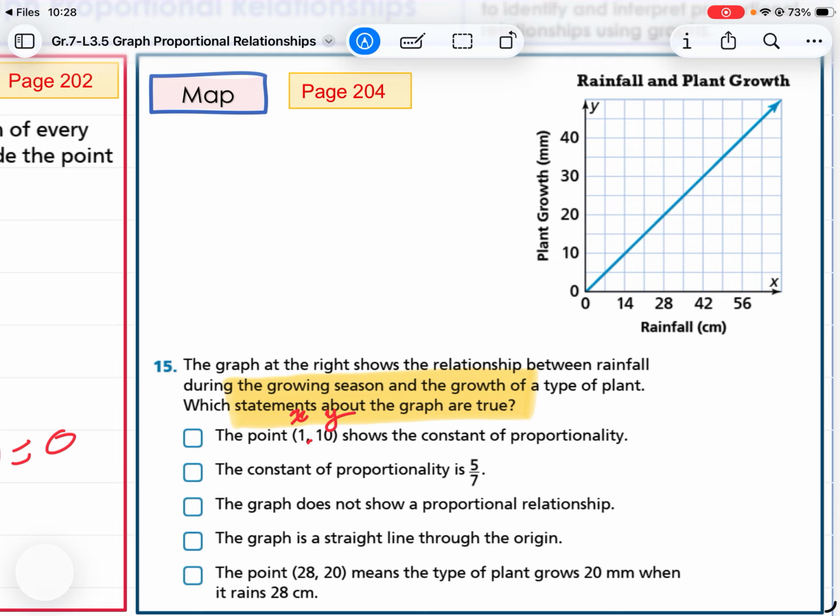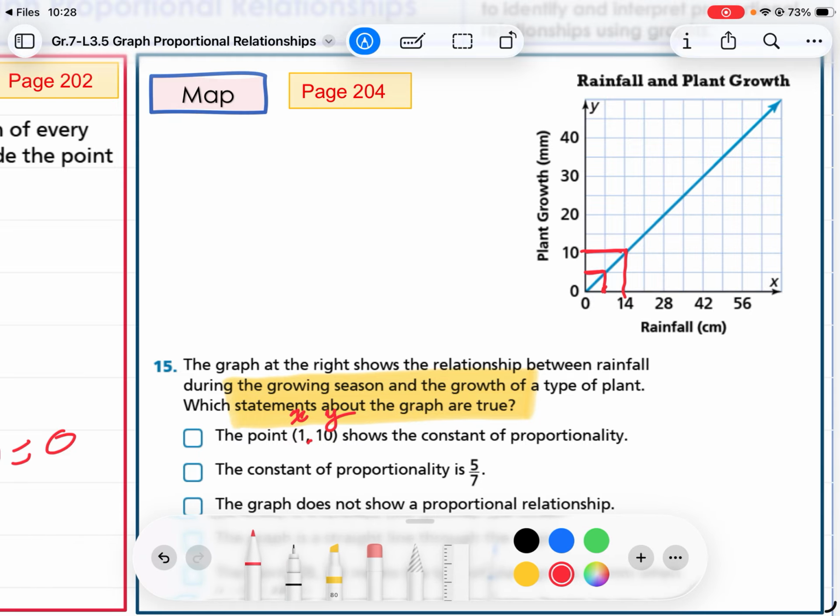Now look at the x. Do you even have 1? They're telling you 1. Assuming, okay, 1 is here. Does that make it 10? No. 10 is related to what number? You can see that 10 is related to number 14. The value of 10, you get it when x is 14. So there is no such thing.